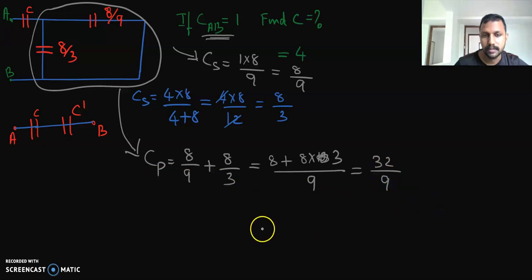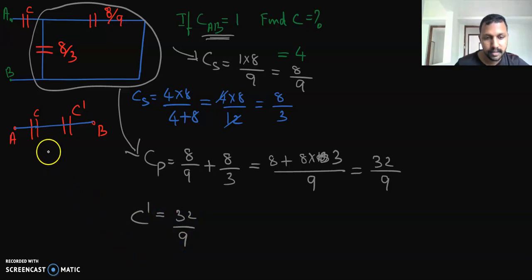Therefore, Cp is 32 by 9. Then let me substitute over here. What is the value of C dash? We will get finally C dash is 32 by 9.